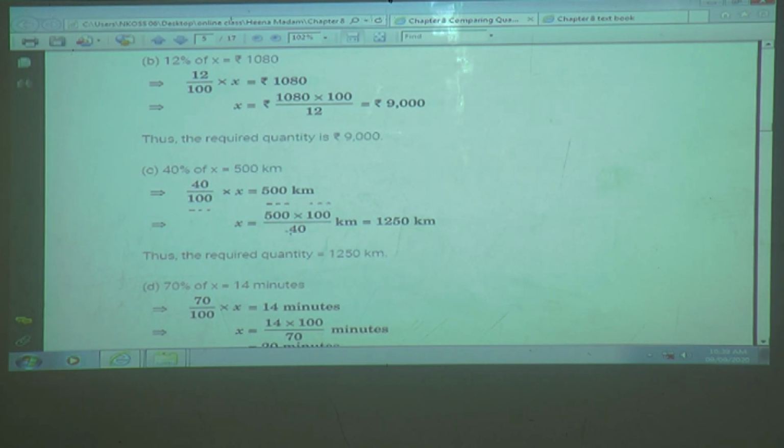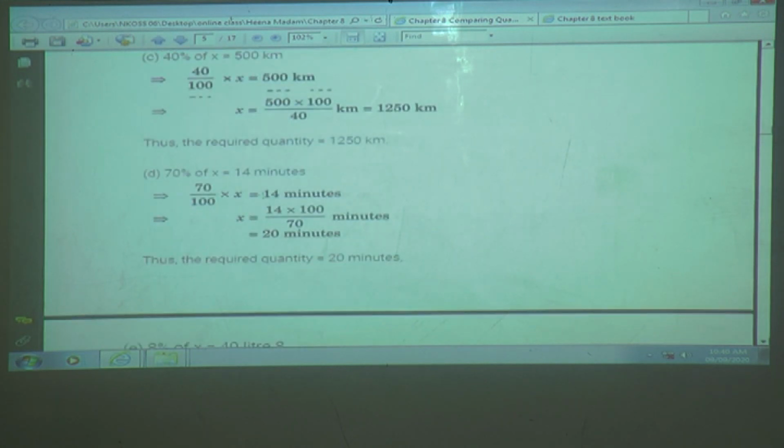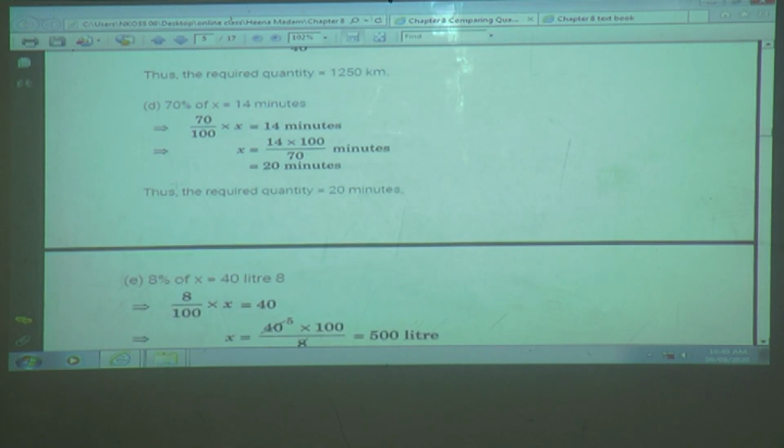It is given in kilometers, so we have to mention the unit kilometer. After reduction we get 1250 kilometers. Thus the required quantity is 1250 kilometers. In this way we can find the whole quantity from a percentage.